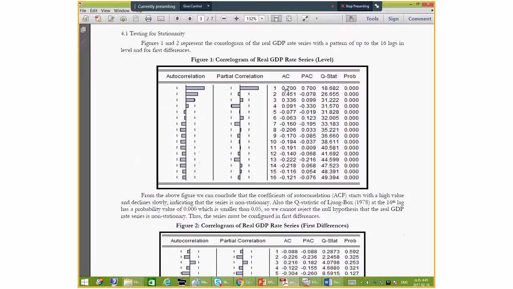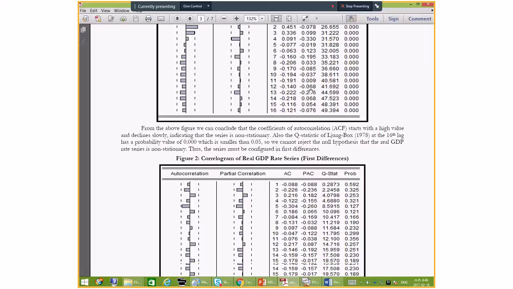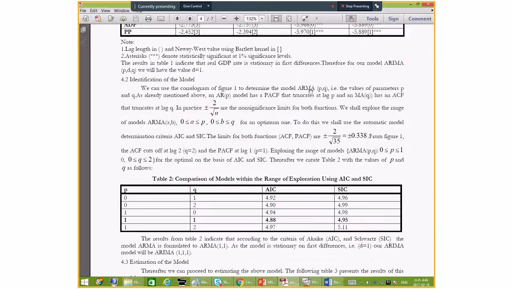This value is greater than 0.338. This value is also greater than 0.338. This is less. Then the number of lags is 2 according to the ACF. According to the PACF, only the first lag value is greater than 0.338. So P is 1, Q is 2.